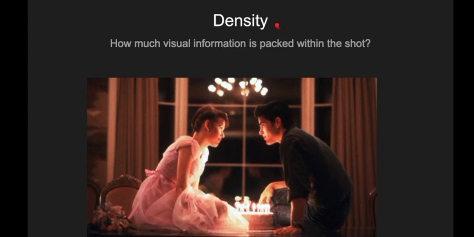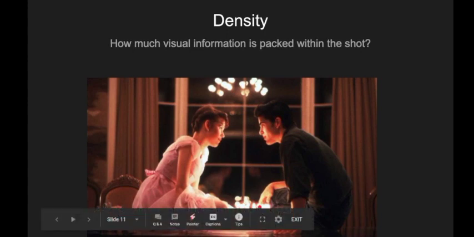So when we look at density, when we're evaluating this mise en scène element, it's more of an abstract form. So when we look at this image, you want to ask how much visual information is packed within the shot. I would say this image doesn't have a lot of density within it because we really are focused upon the two characters that are the protagonists in the film and the cake.